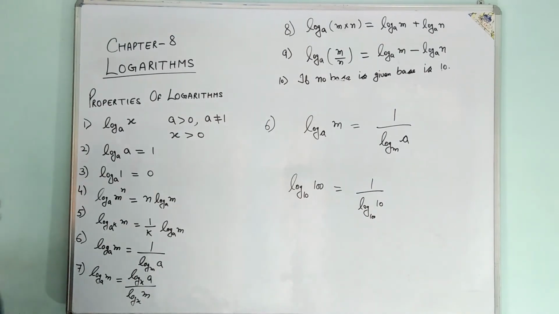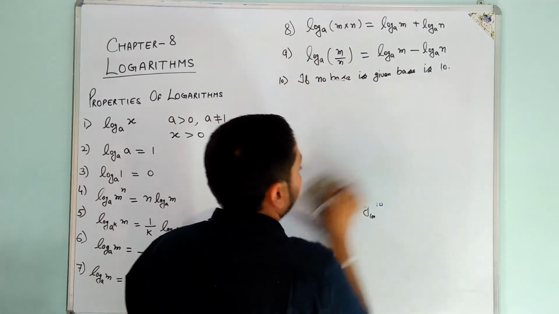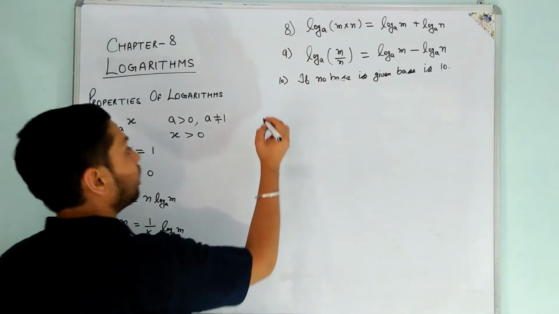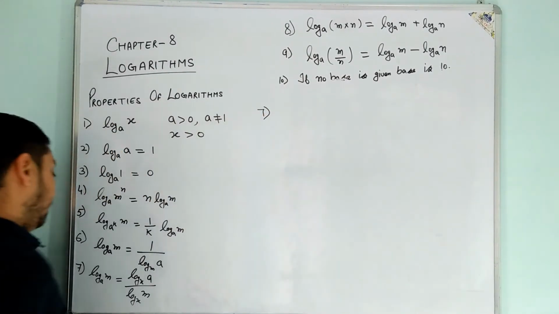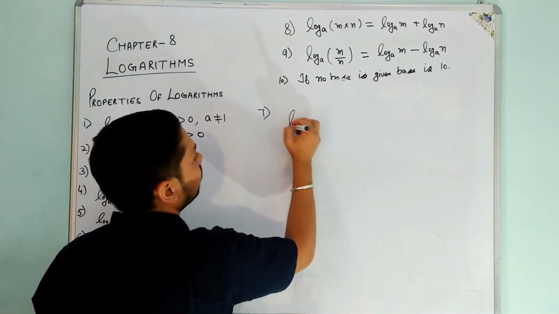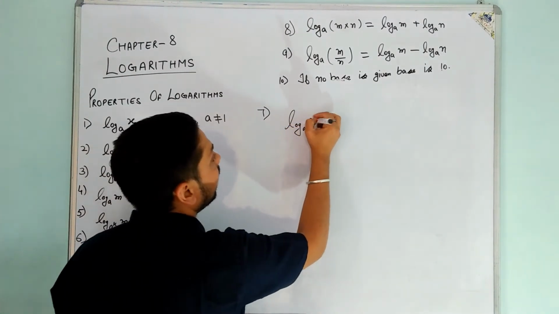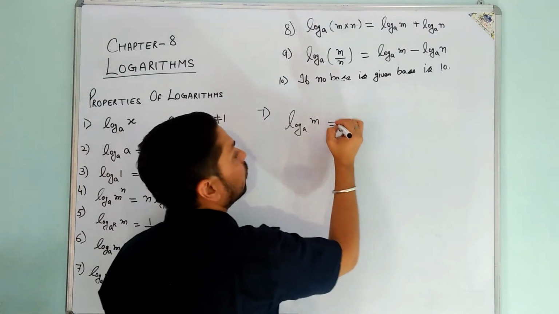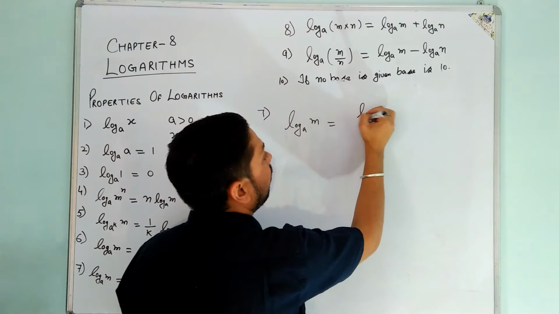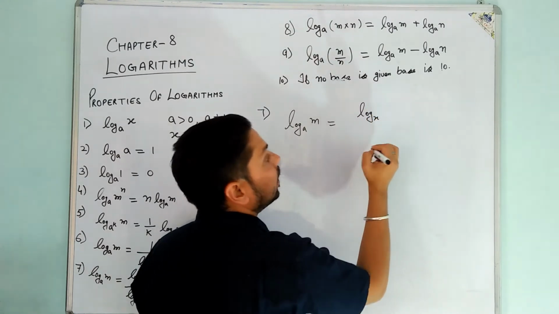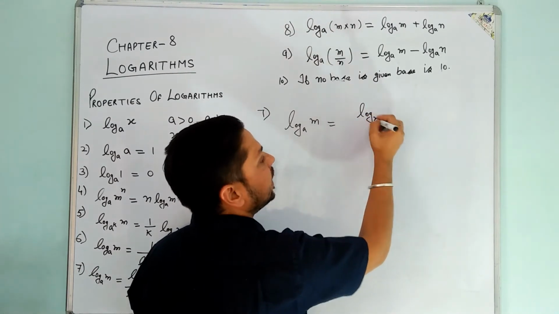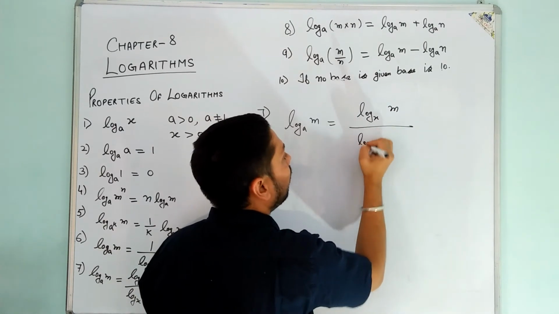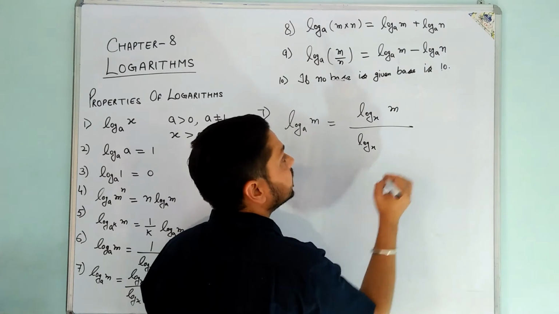Next we have property number 7. That is log of a with base m. This is equal to log of m with any base x, over log of a with the same base x.